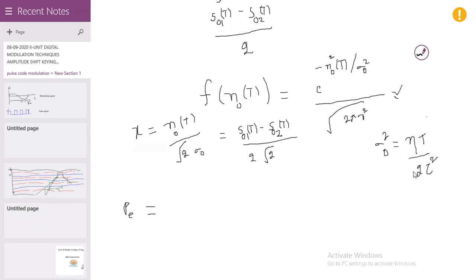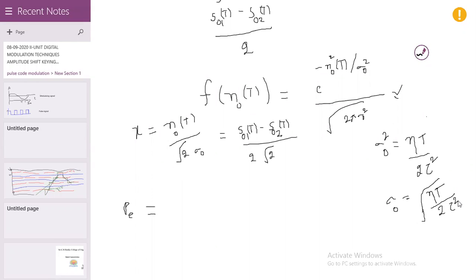Okay, and sigma naught is equal to root of eta t by 2 into tau square.